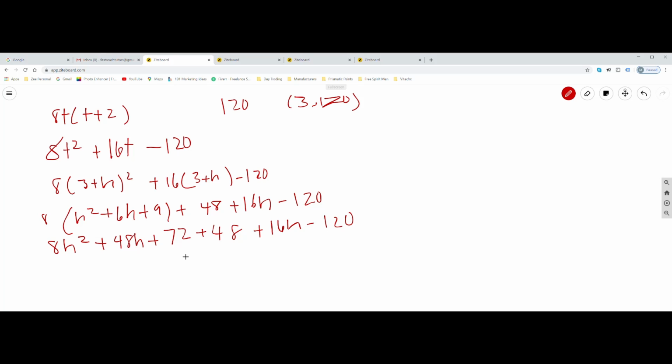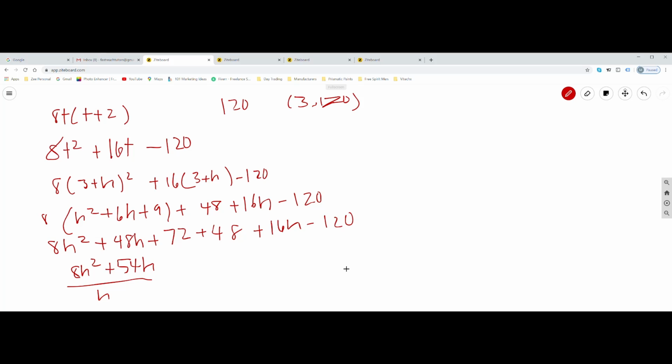So 72 plus 48 is equal to 120. So 120 minus 120, it cancels out. So you're actually left with 8h squared plus 48 plus 16 h over h, right?